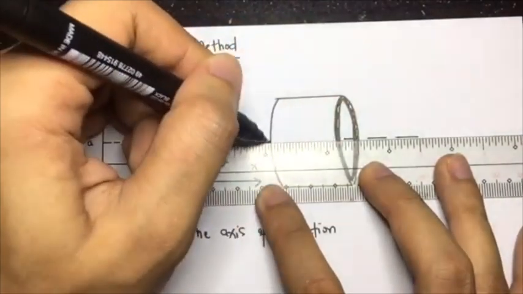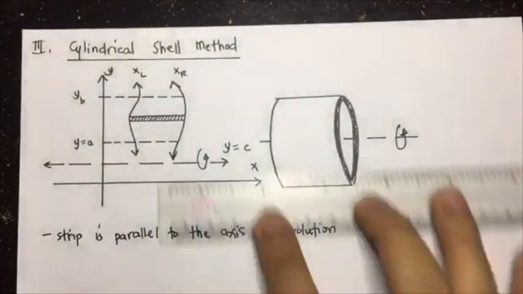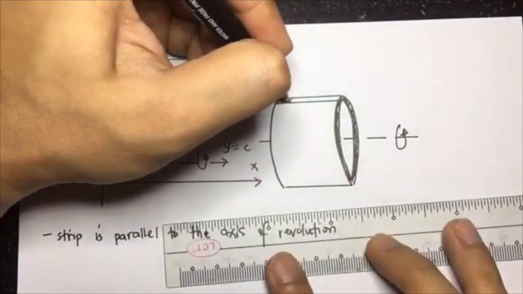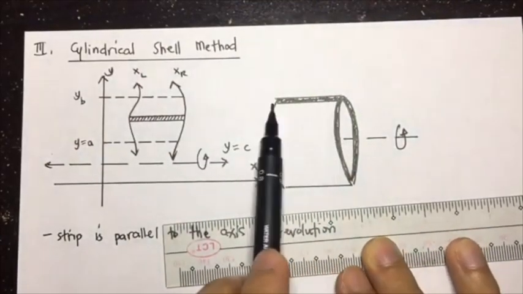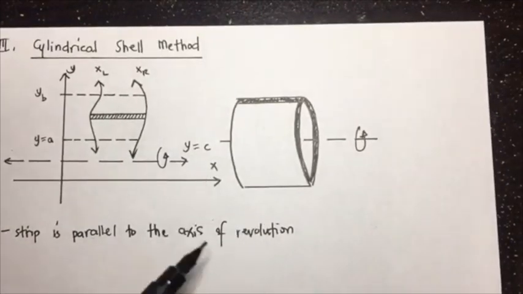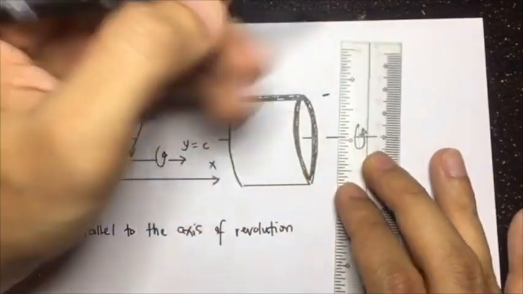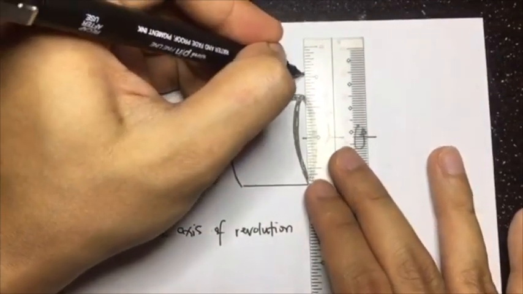Say this is its center, so it's revolved about that. When you rotate this strip, what you will form is a shell. The differential volume of that shell, say for example this is its radius, and then this is its length.